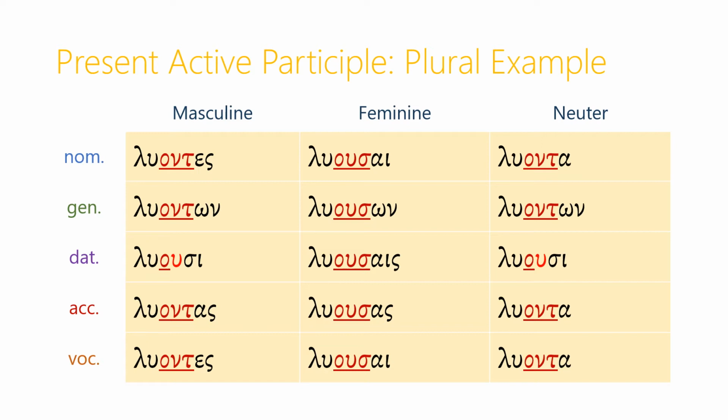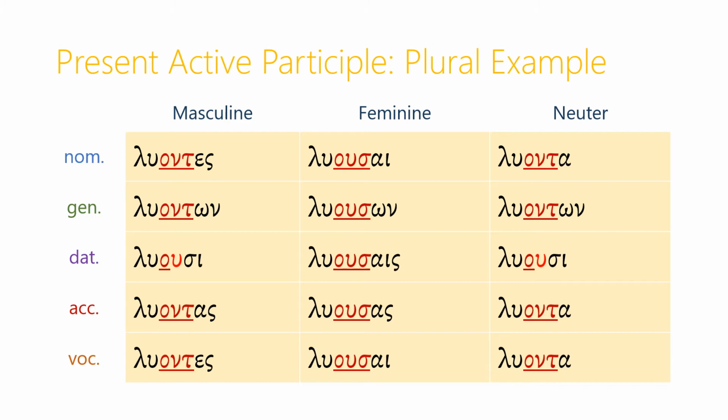The two places where we have some irregularity here are in the dative plurals of the masculine and neuter. This is because the normal third declension ending for the dative plural is sigma iota, and if we combine that with the regular voice indicator, nt, we would get ontsi.